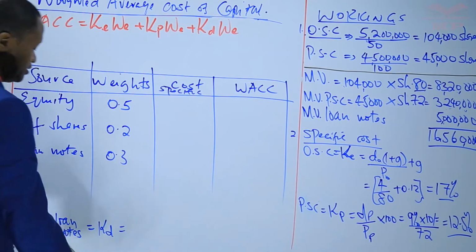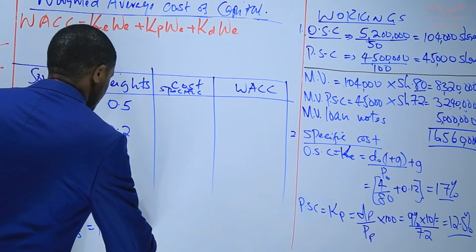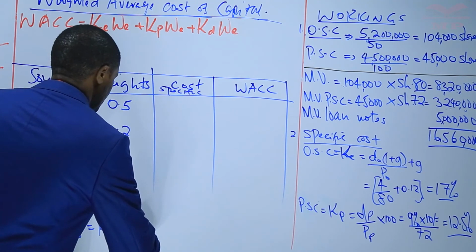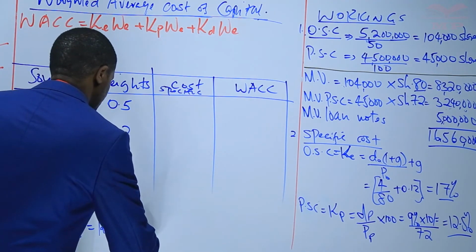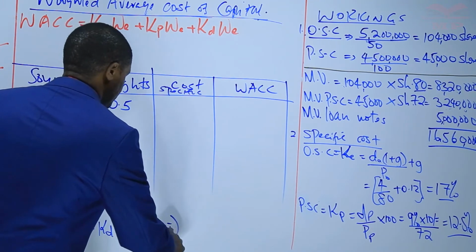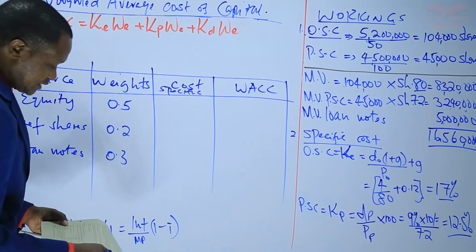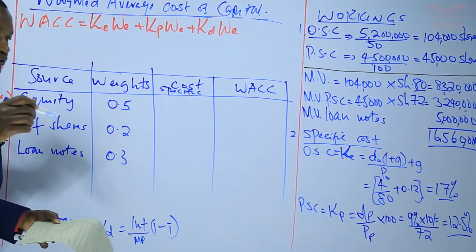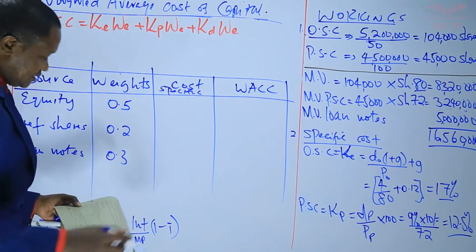The formula for debt we know is interest over the market value per debt, times 1 minus T. The interest is 14% and the par value is 14%.